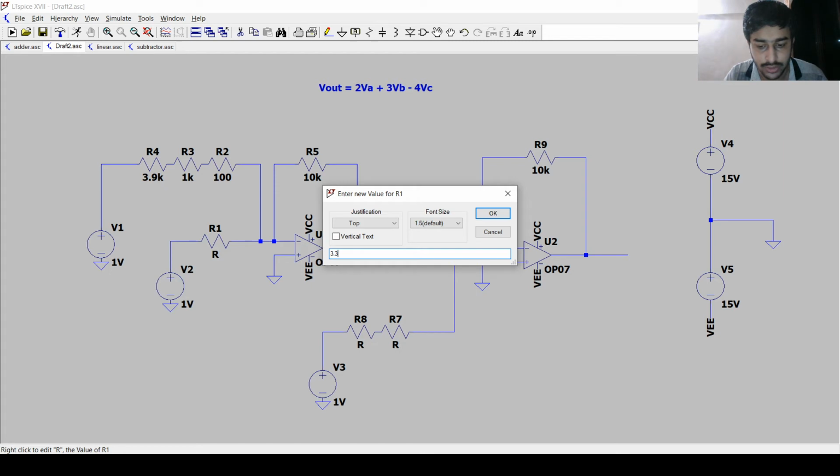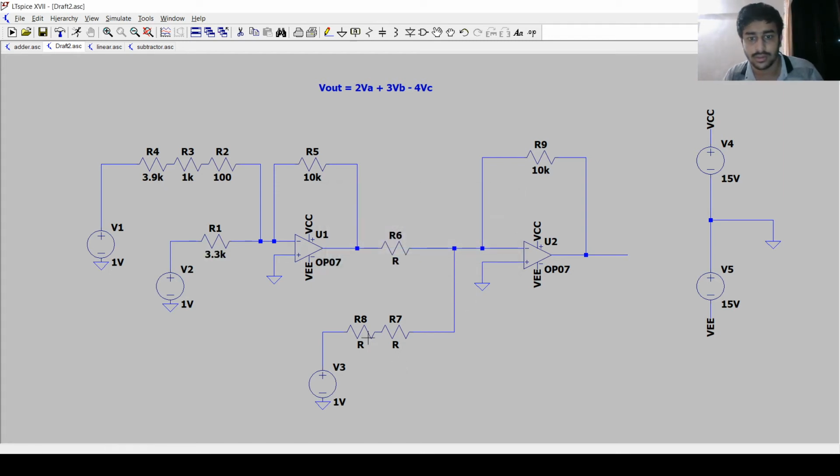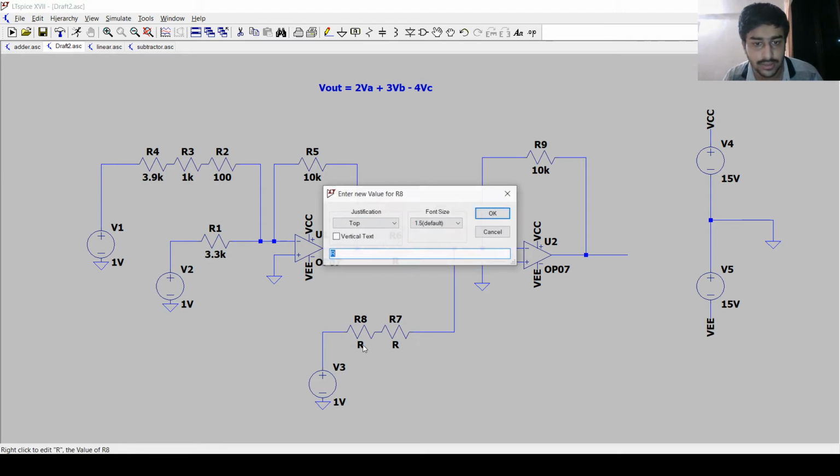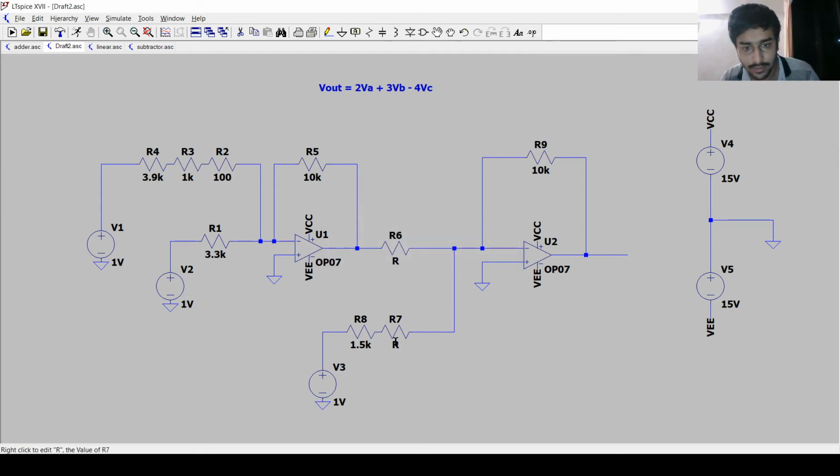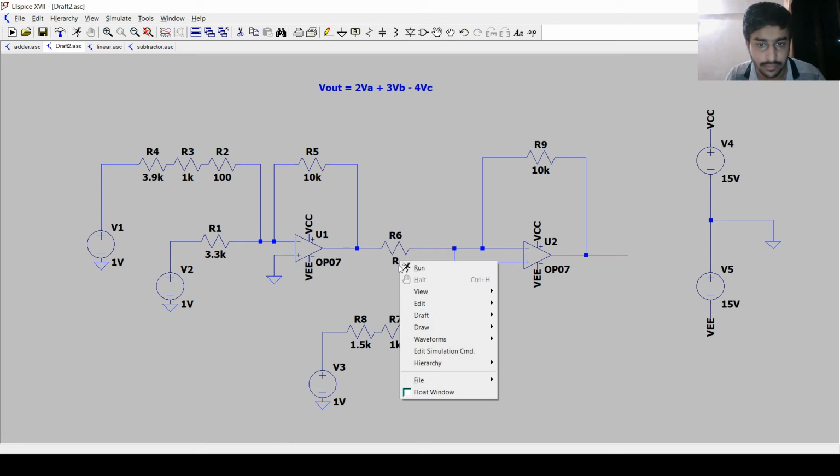Because of the linear equation used, this will be 10 upon 4, which is equal to 2.5, and because of standard resistance I will use 1.5k and 1k, and this will be 10k.